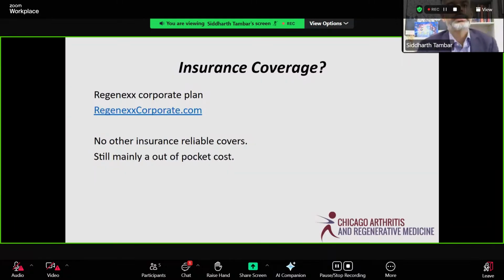So regenexcorporate.com is an insurance benefits solution if your company can offer these kinds of treatments. Probably a third to maybe almost a half of our patients nowadays come from companies where these procedures are covered through their insurance plan. Again, if you want to learn more, please go to regenexcorporate.com. For the vast majority of people, this is still mainly an out-of-pocket cost.